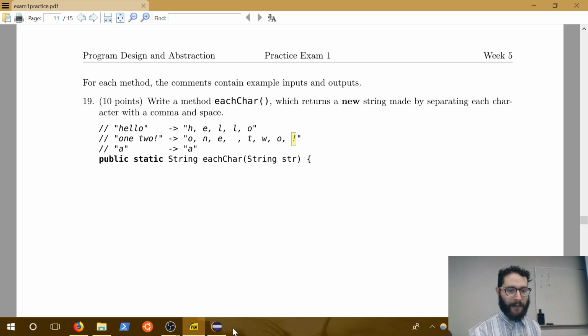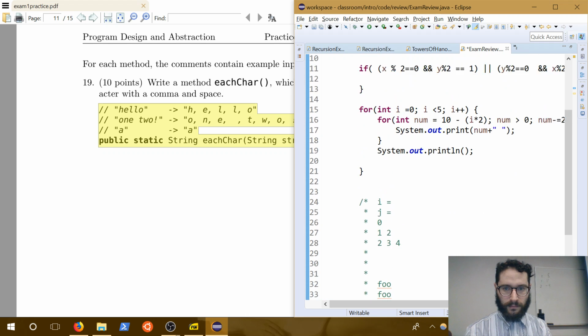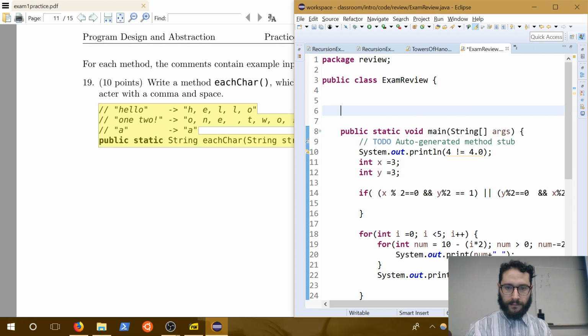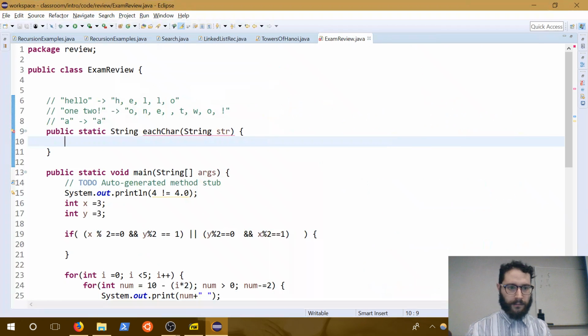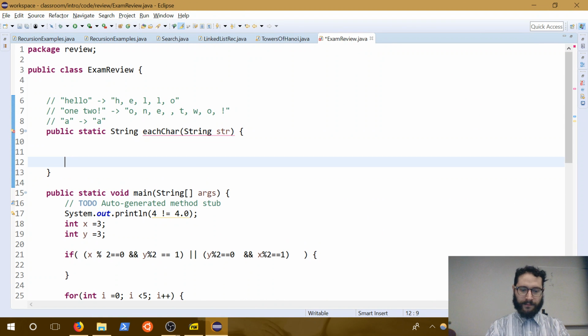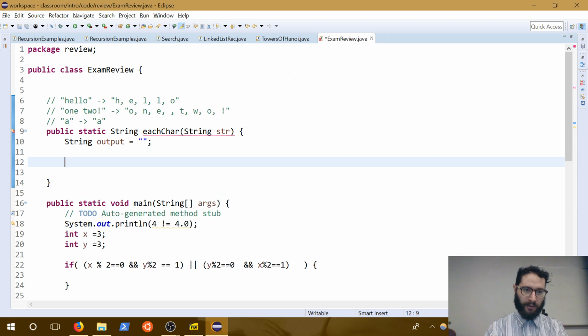So let's go ahead and write this method. All right. First off, we need to return something. So I'll go ahead and create a string output equal to the empty string, and that's going to be my answer. I'm just going to add stuff to it using concatenation to create my correct answer.